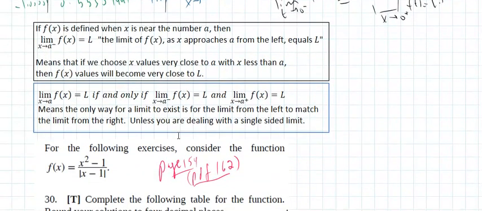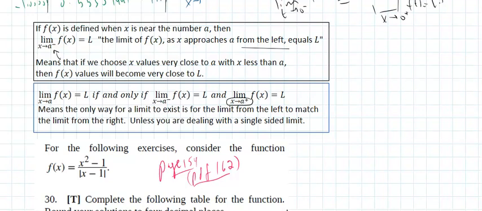And now we go ahead and put that in perspective. If f of x is defined when x is near a, the limit as x approaches a from the left, that's when we pick the negative 0.1. And for the negative 1, when we are approaching negative 1, we pick negative 1.1. We say this is approaching the limit from the left, right? And if we pick points from the right, we say that's approaching from the right.